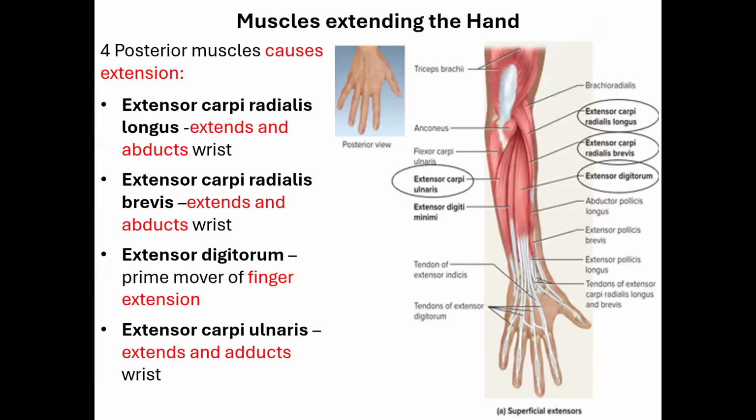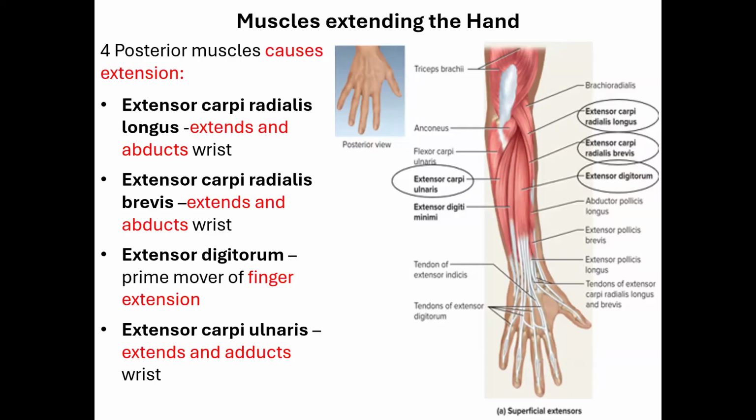Okay, let's look at the extensor muscles. Where are they? In the posterior compartment. So the flexors are in the anterior compartment, causing flexion. The extensors are in the posterior compartment, causing extension.